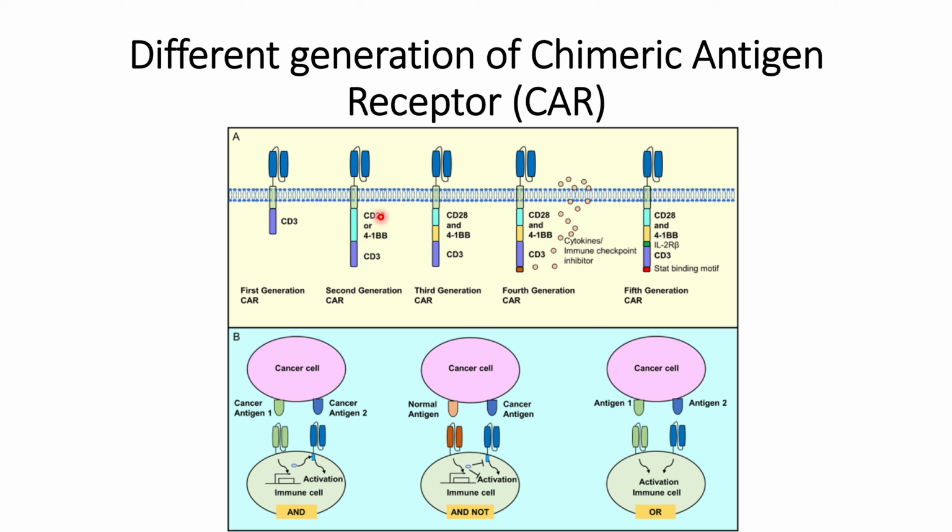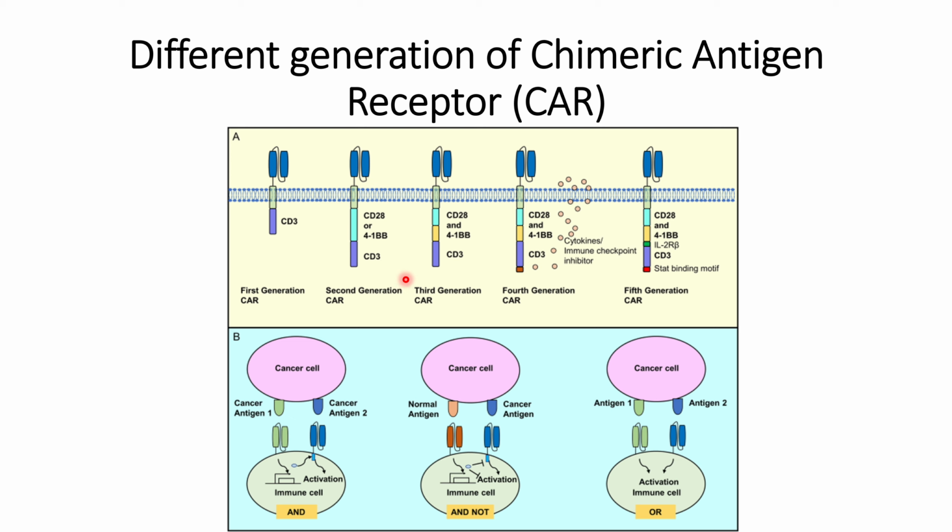At the same time, it will trigger apoptosis in the tumors that are detected by this CAR. And in the second generation, only one of the co-stimulatory domains is used at a time, either CD28 or 41BB.